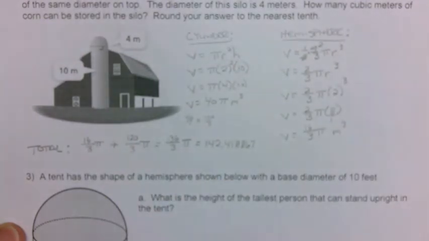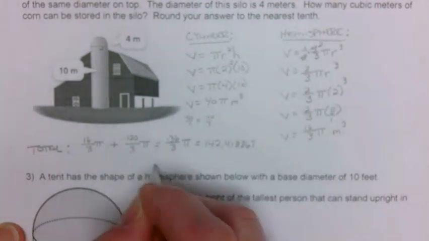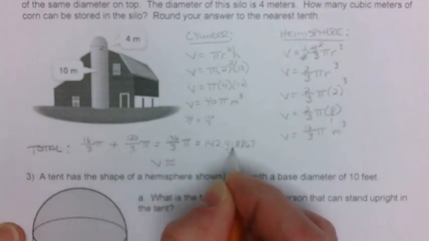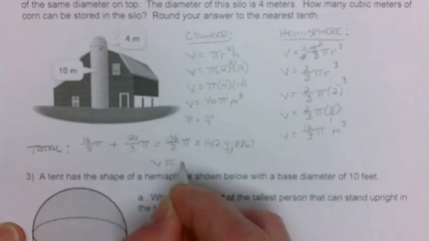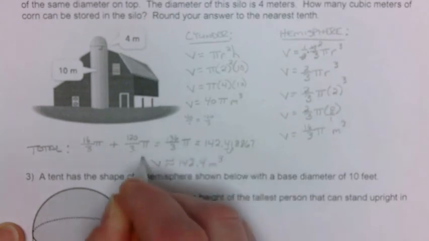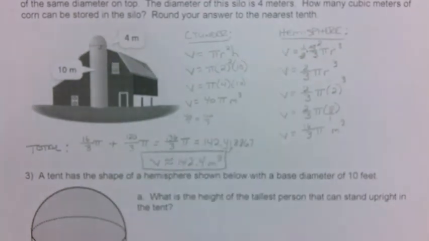And now it said to round your answer to the nearest tenth. So I'm going to say that the volume is approximately, well, that one's not going to bump us up. So we're going to have 142.4 cubic meters as the volume of the silo.